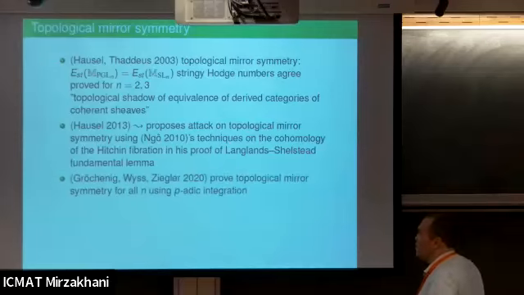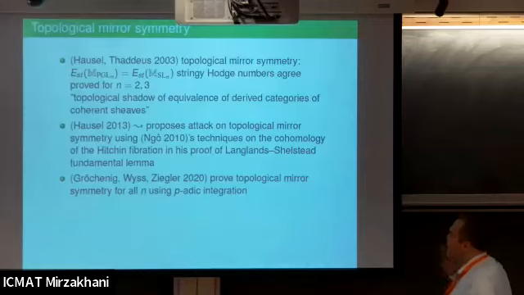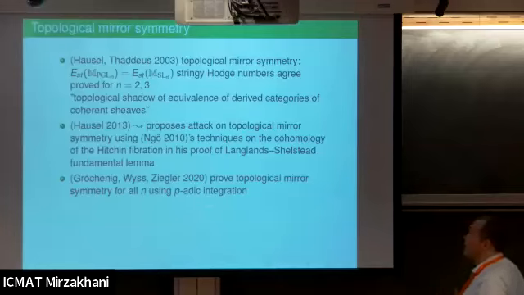And then it was very interesting, surprising to me that Groechenig, Wyss, and Ziegler came up with a very different idea. They used, again, an arithmetic technique to prove topological mirror symmetry without any use of the machinery of Ngô. That was the first important result of theirs.